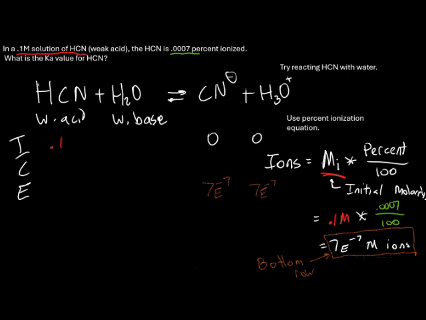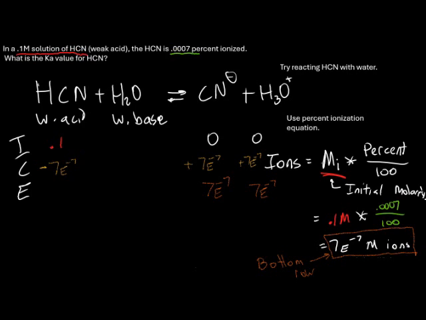This means that we have now figured out our change here must be positive 7 times 10 to the negative 7 for both. Which means also that our change for HCN must be negative 7 times 10 to the negative 7th. Every time we break HCN into ions, we make some product, but we must use some reactant.